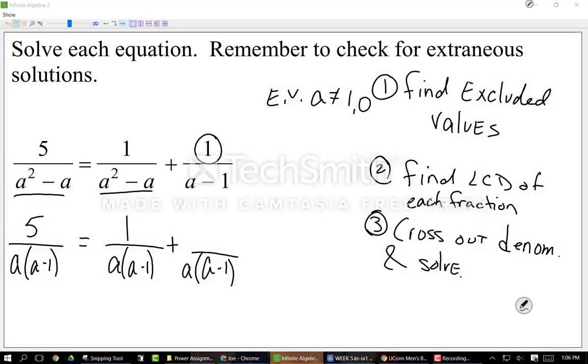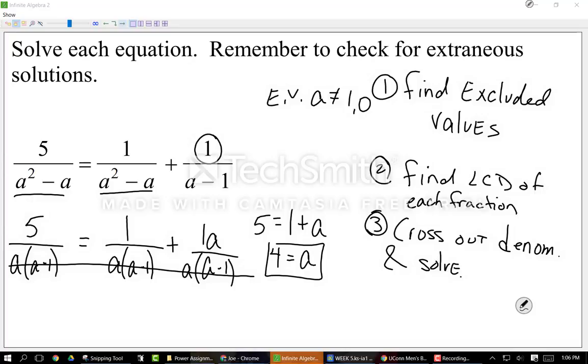This 1 here turns into a 1a because I had to multiply the bottom by a, so you have to multiply the top by a. Third step, cross denominators out and solve. 5 equals 1 plus a, or 1a, however you want to write it, minus 1, so a equals 4. This number doesn't match my excluded values, therefore my answer is a equals 4.